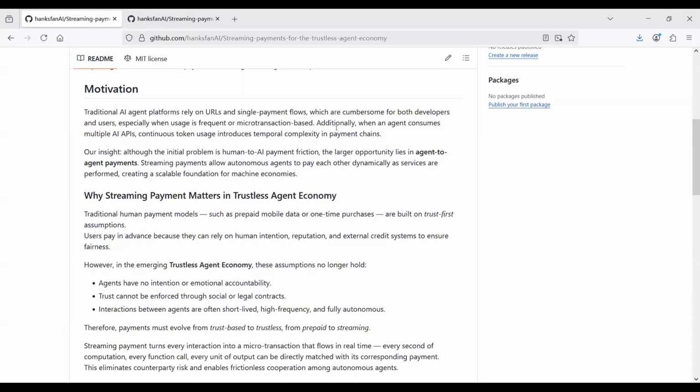But now we're in the future. Agents can do payments and transactions with other agents. So this is a very new scenario. So the type of payments must change.